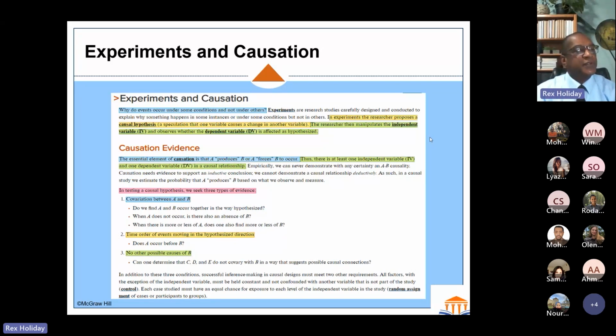So in experiments, the researcher proposes a causal hypothesis, a speculation that one variable causes a change to another variable. And so in that experiment, you had your two variables. The researcher then manipulates the independent variable and observes whether the dependent variable is affected as hypothesized.